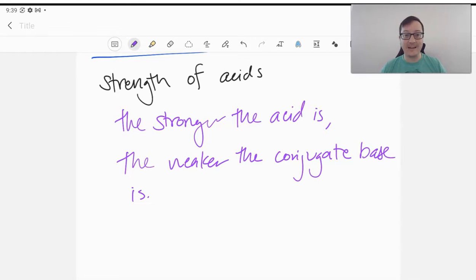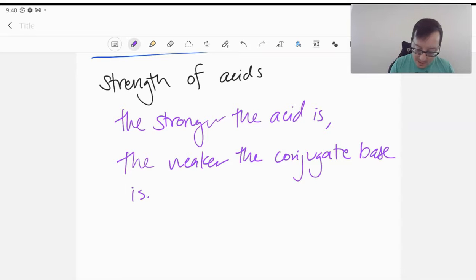When we look at how strong an acid is, we also get information about its conjugate base. If you're comparing two acids and acid 1 is stronger than acid 2, conjugate base 1 will be a weaker base than conjugate base 2.